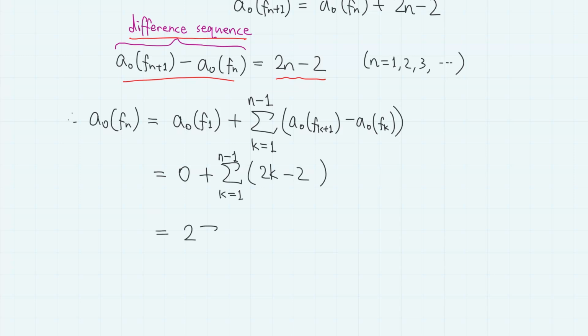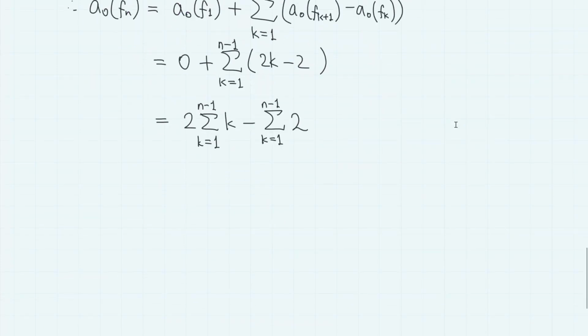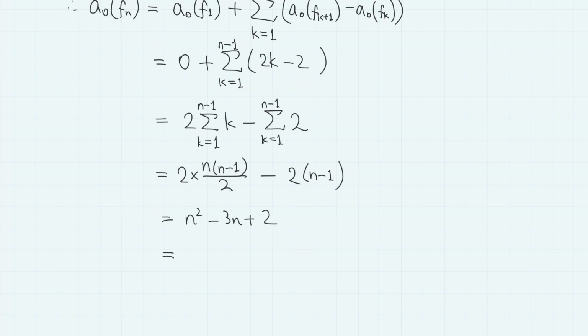So we have 2 times sigma k minus sigma 2. So we have 2 times the sum of natural numbers up to n minus 1, which is n minus 1 times n divided by 2, minus the second term, which simply gives 2 times n minus 1. This gives n squared minus 3n plus 2, which is actually factorable into (n minus 1)(n minus 2). So this is the constant term of f_n.